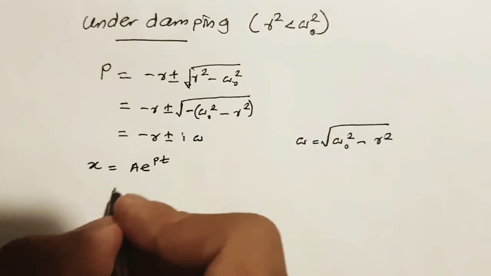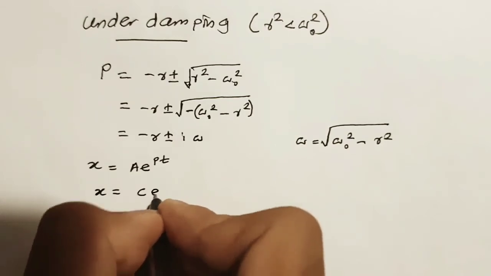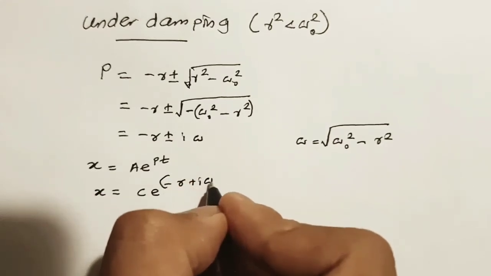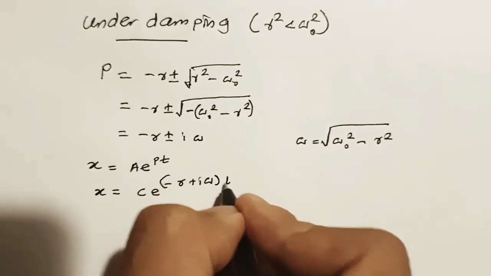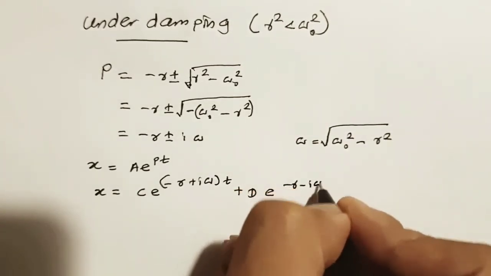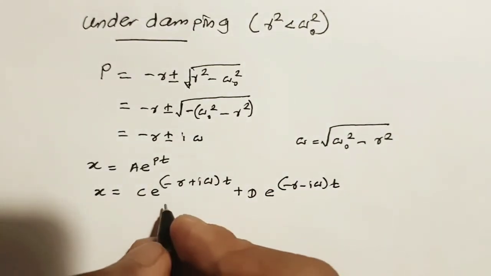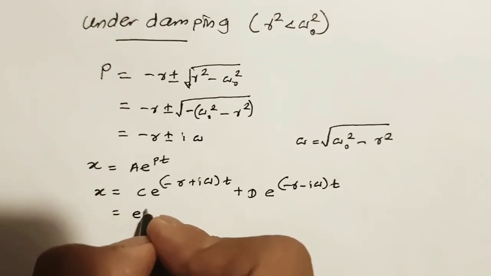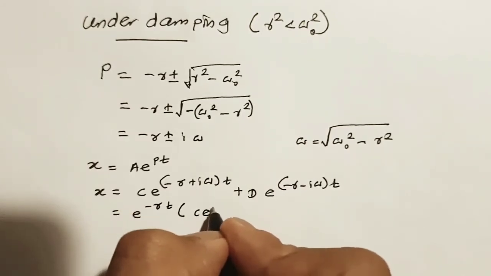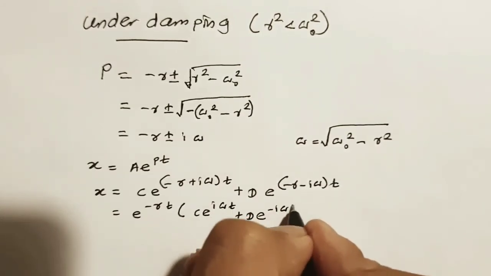We can further see this a is the amplitude, so we can take a new term for x, which is equal to c e to the power minus gamma plus i omega times t, as well as d times e to the power minus gamma minus i omega times t. After further simplification, we can see that this term of e to the power minus gamma t could be taken out, leaving c e to the power i omega t plus d e to the power minus i omega t.